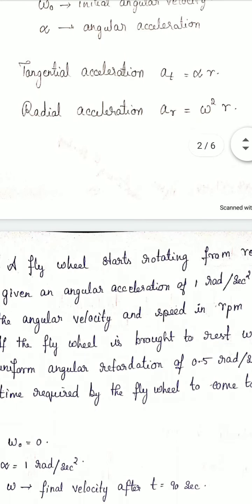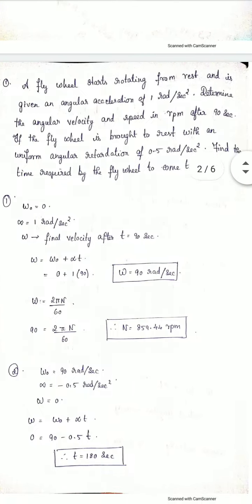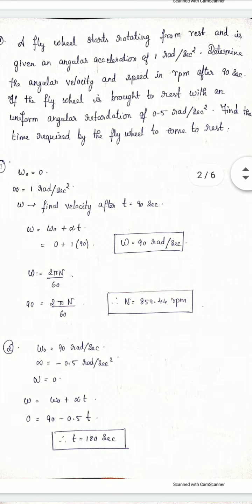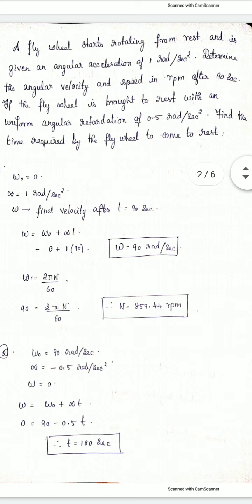So now let us move to the problem. Okay, see the question. A flywheel starts rotating from rest and it is given an angular acceleration of 1 radian per second square. That means your angular acceleration alpha is equal to 1 radian per second square.